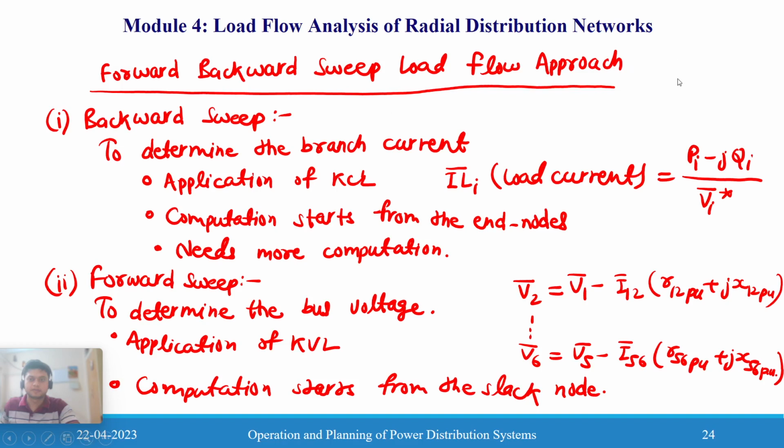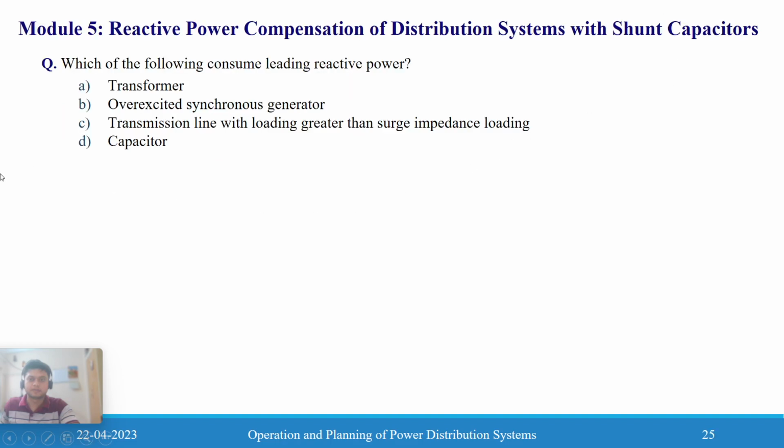Now we will see module 5, reactive power compensation in distribution system with shunt capacitors. This is an important question, many have doubts: which of the following consume leading reactive power? This is a multiple select question.